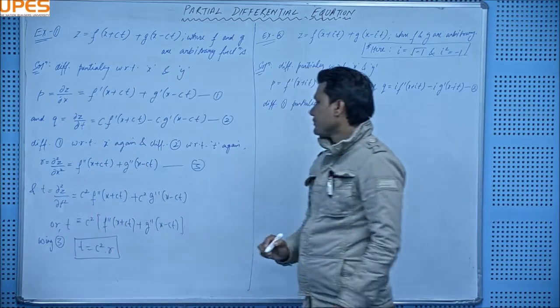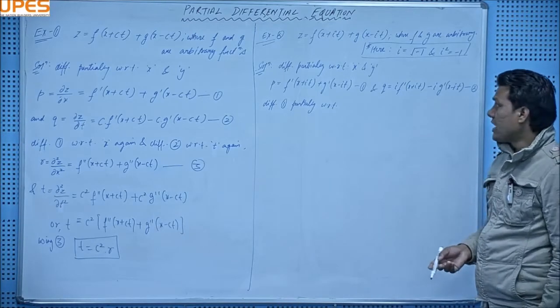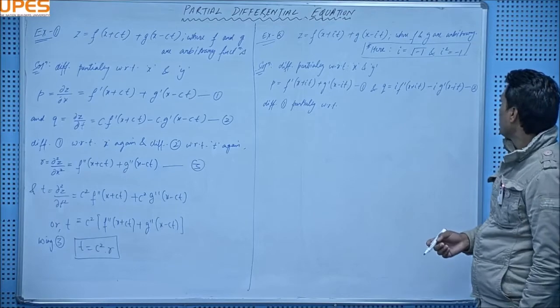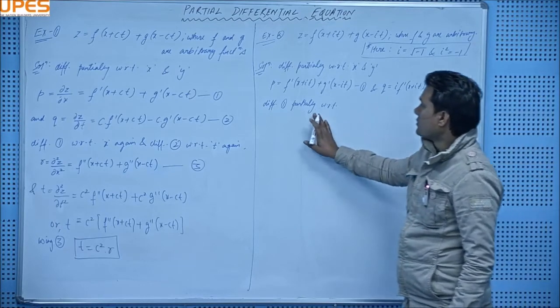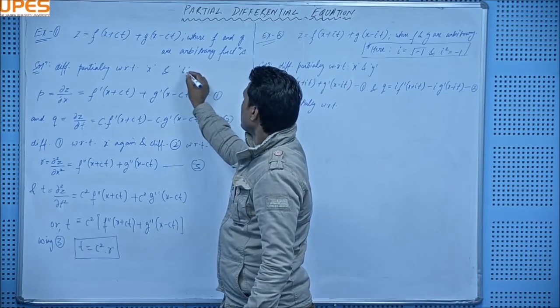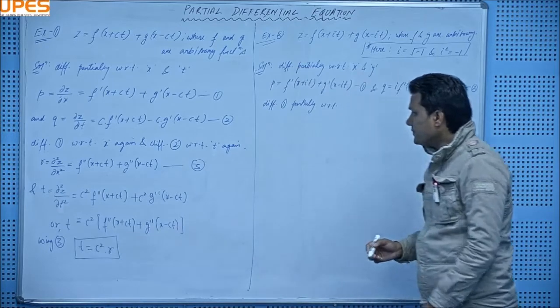Generally we have x and y, but sometimes in place of y we have a time coordinate t. Y is replaced by t, so be careful when writing that. So this is with respect to t, and this is also t. Okay, that's it.